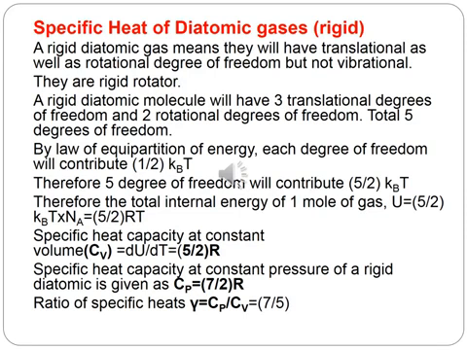We know that Cp minus Cv is equal to R for an ideal gas. Then specific heat capacity at constant pressure Cp is equal to R plus Cv. Since Cv is equal to 5 by 2 R, then Cp is equal to R plus 5 by 2 R, which is equal to 7 by 2 R.